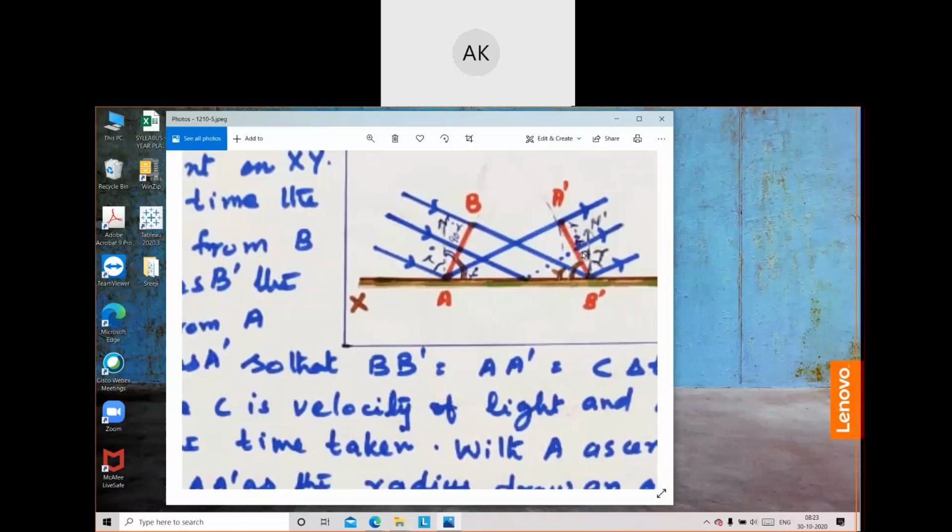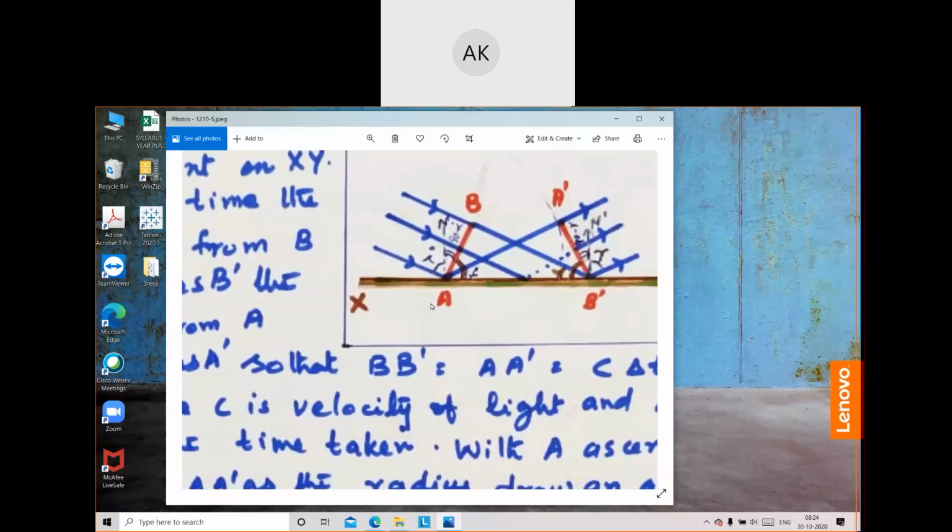This is 90 minus R, so this will be R. So in this triangle A dash, B dash, we have marked angle I and R. And we have to prove that angle I equals angle R. I is marked in this triangle A, B, B dash, and R is marked in this triangle A dash, B dash.